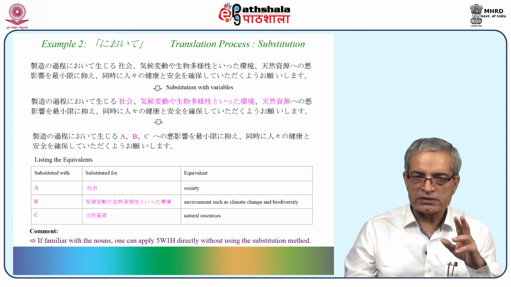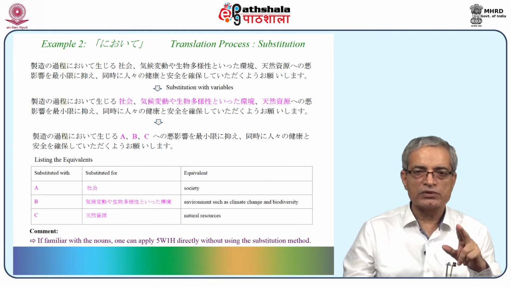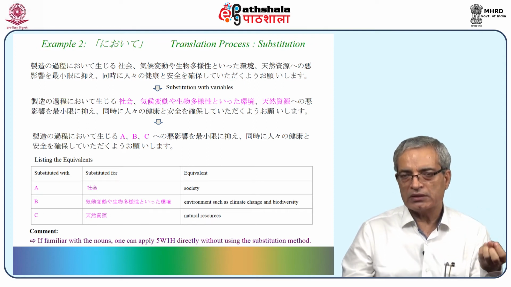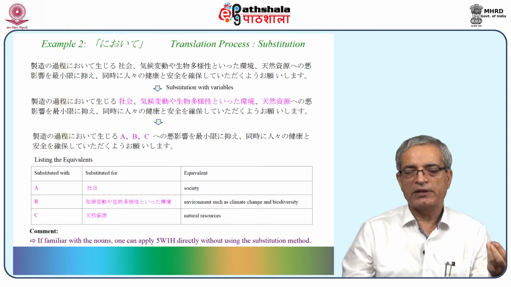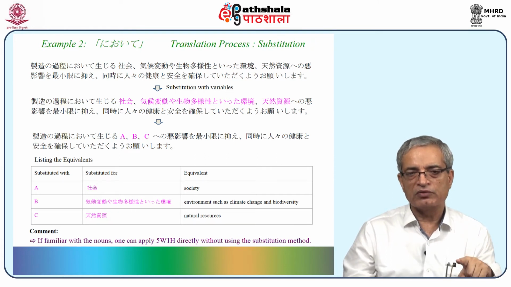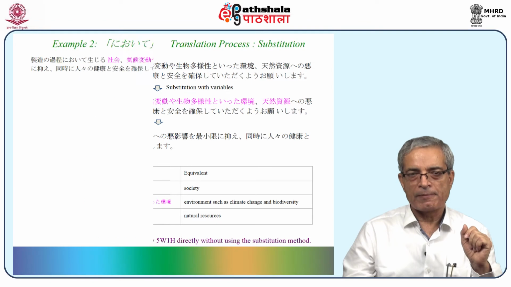And I would again say here that if you are familiar with the nouns, there is no need to replace them, but if the nouns are too many or complicated, then replace them, reduce the number of nouns, because it doesn't help in translation. You can later on bring in those nouns. So you can apply 5W1H directly, including on the original nouns if you are familiar with them.